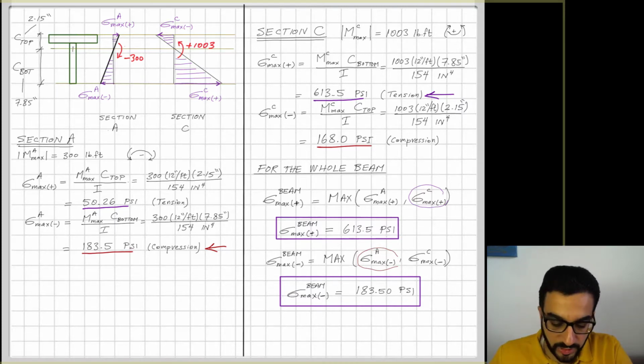So that was a long example, but it's actually a very cool example because it shows a general case of designing a beam.